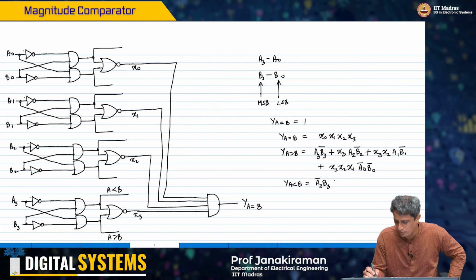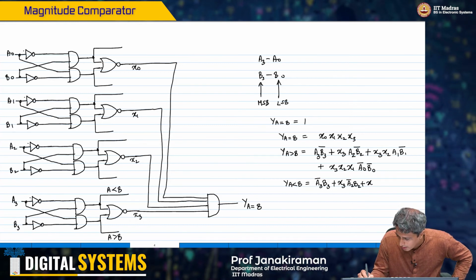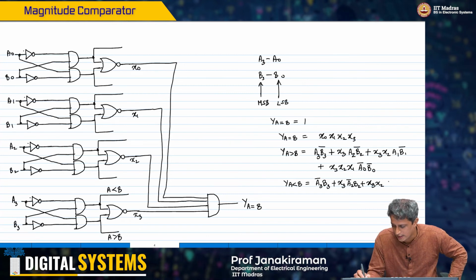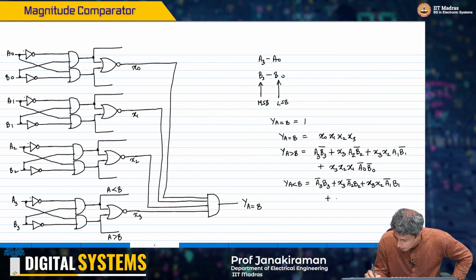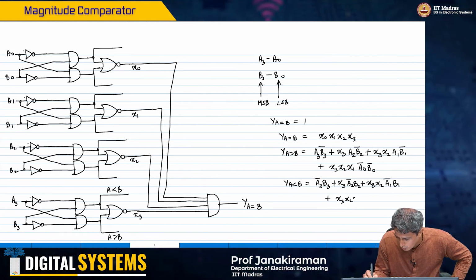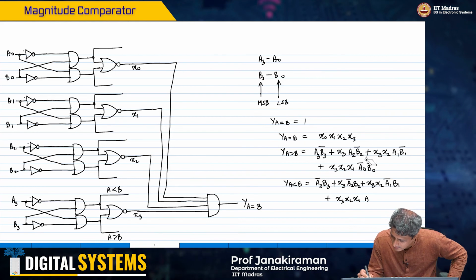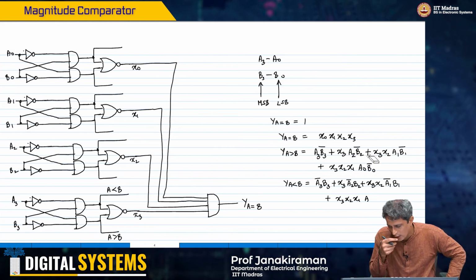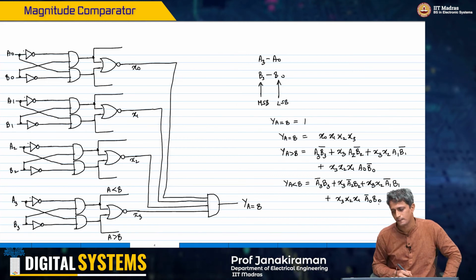That means A is less than B, or x3 and A2 bar B2, or x3, x2, both bits are same, A1 bar B1, or x3, x2, x1, the previous ones are the same, A0 bar, B0. Here it is A0 bar, B0.